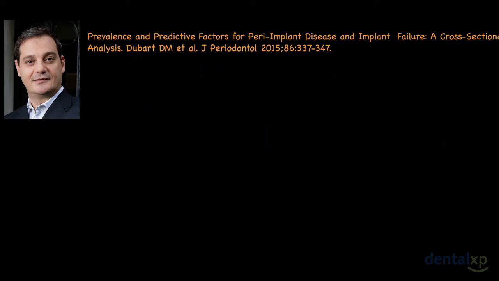Until recently, this year, we had a new publication by Dubar from the University of Washington, where they looked at implants placed by the residents over 5 years. The interesting part in that study is not only that it talked about the prevalence, but also about predictive factors for peri-implant diseases.